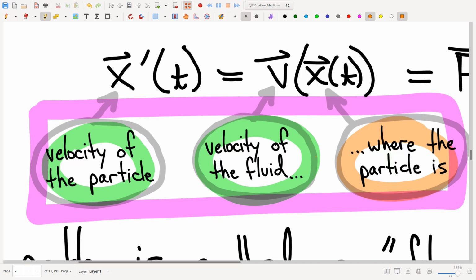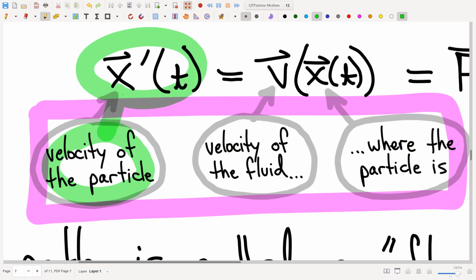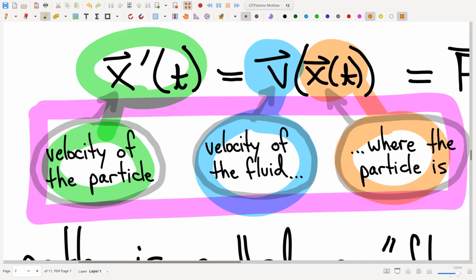And if you then just translate that into math, velocity of the particle, derivative of the parametric curve, the velocity of the fluid, we've previously represented by v. I'm going to stick with that. So v is the velocity of the fluid. We're evaluating that velocity at x of t because that's where the particle is. Everybody on board?